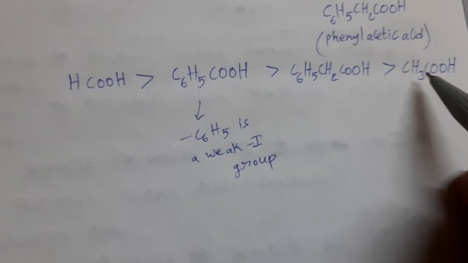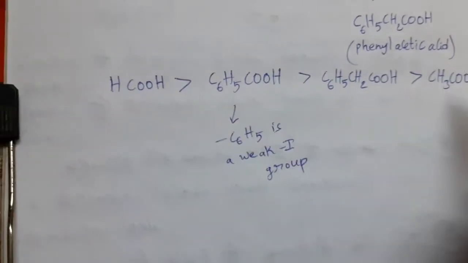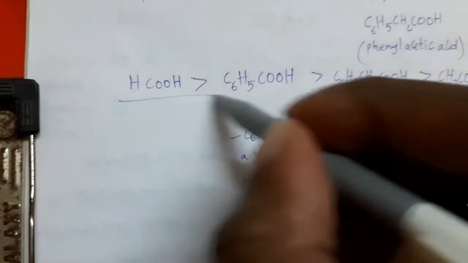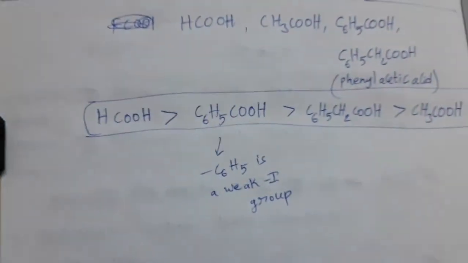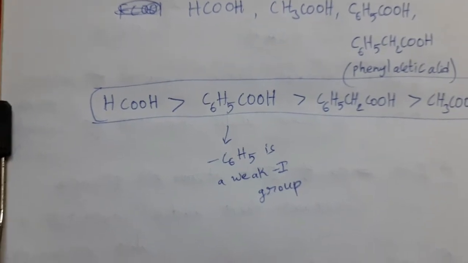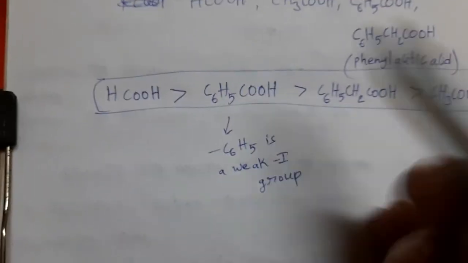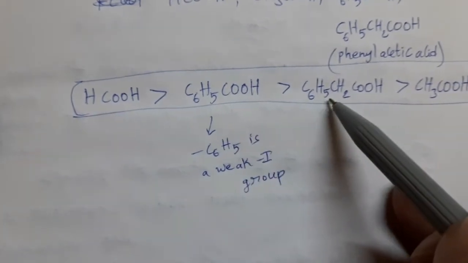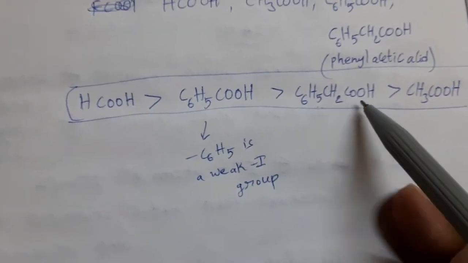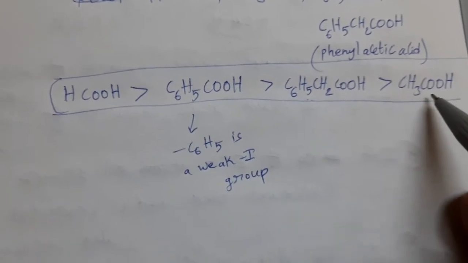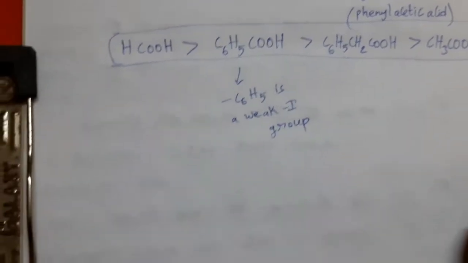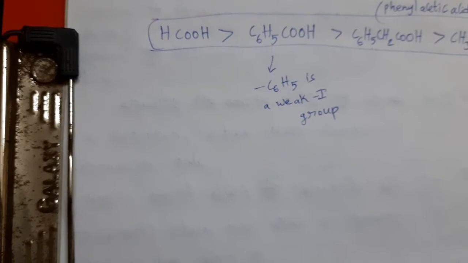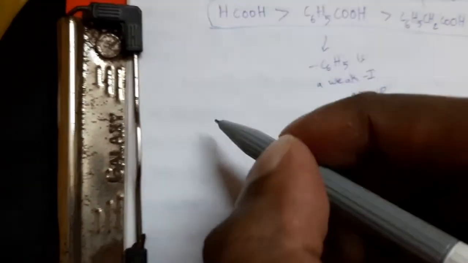So its acidic strength is very less than remaining three compounds. So this is the order for these four acids. Formic acid, HCOOH greater than benzoic acid, C6H5COOH, greater than C6H5CH2COOH, greater than CH3COOH.